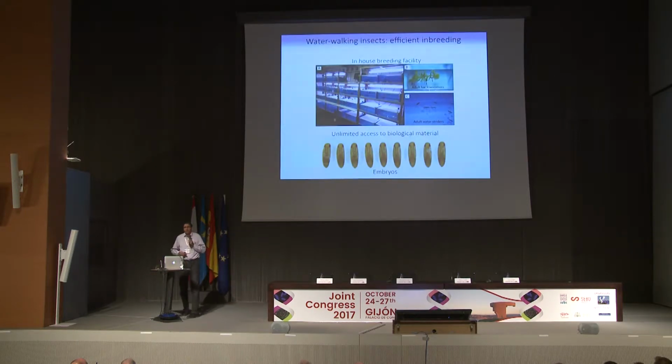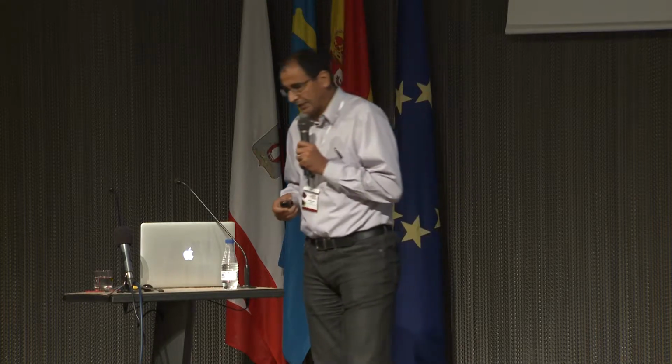What was missing is to basically turn these into an experimental model. So we brought them to the lab, we established cultures, and we started to import or optimize certain tools for the environmental genetic studies.